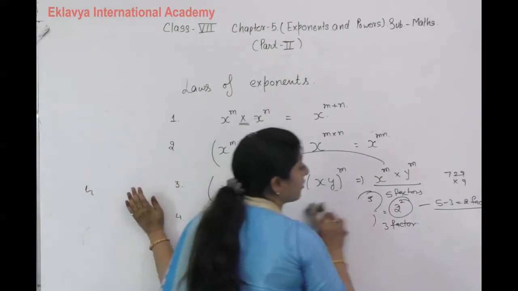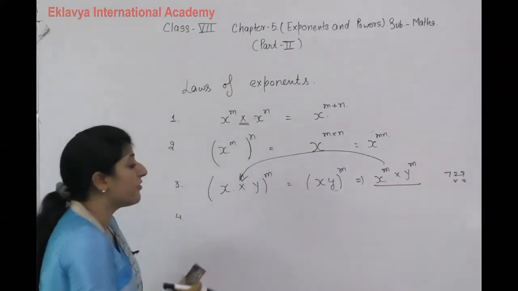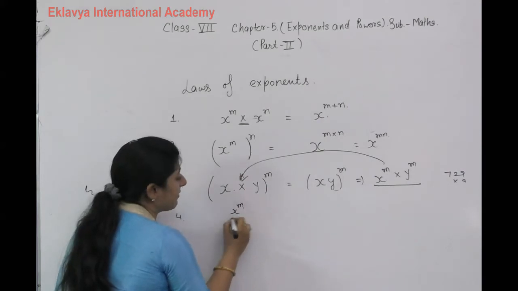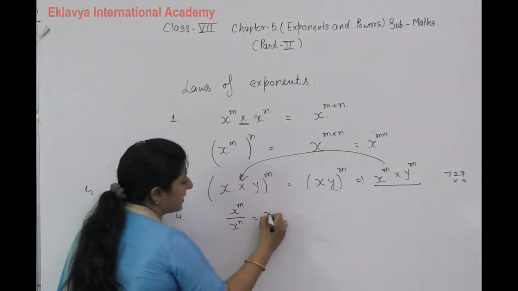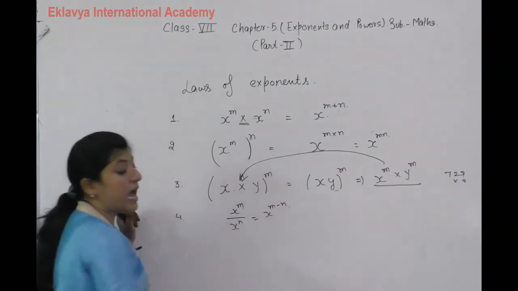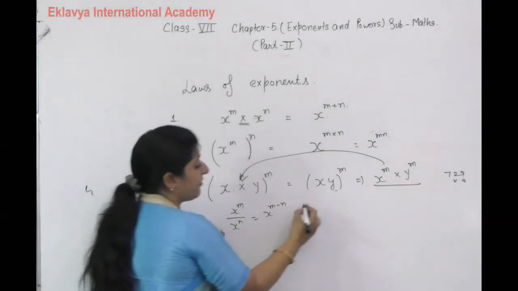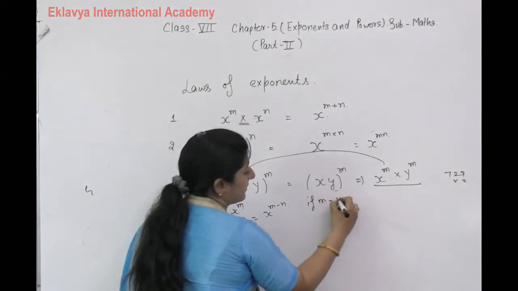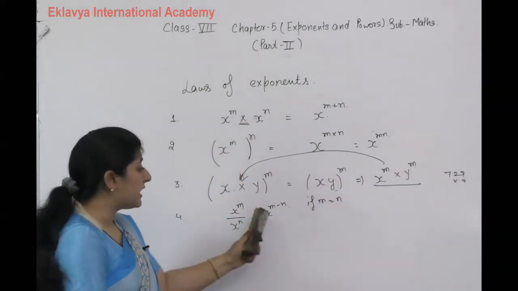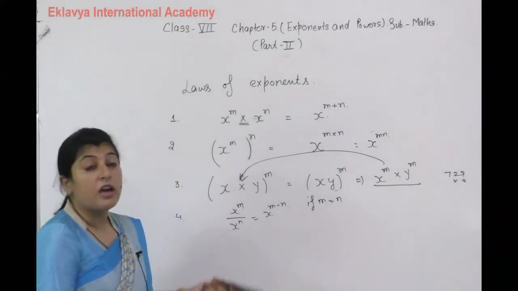So the law of exponent becomes x power m upon x power n is equal to x power m minus n. We can take the cases here. If m is equal to n, then obviously m minus m is equal to 0.